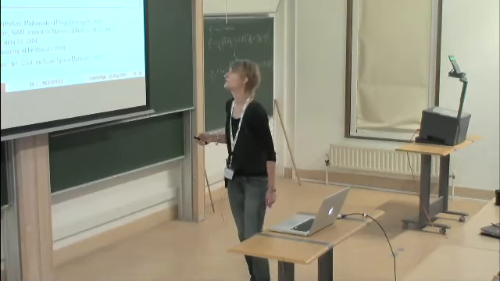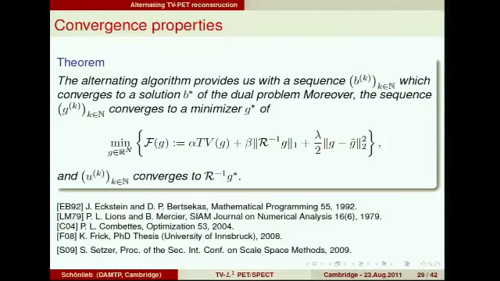We can also show that this split Bregman procedure converges to a solution of our original minimization problem. This is done by putting together a couple of results from papers in convex analysis, where the basic thing to show is that the split Bregman procedure is equivalent to a Douglas-Rachford splitting, for which you have convergence results.